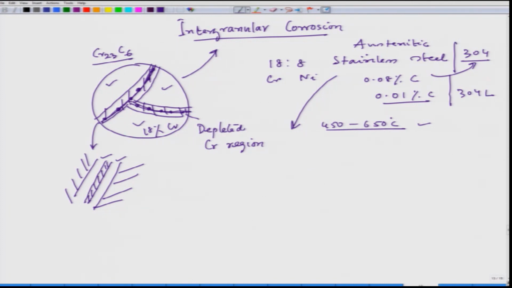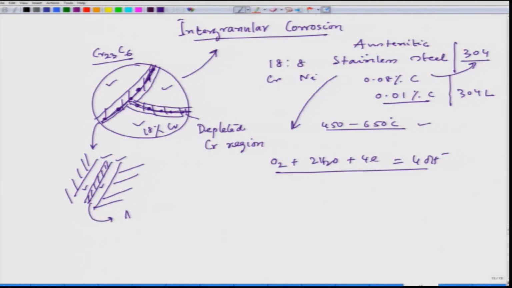So, we have a huge area where cathodic reactions are taking place, and if it is dipped in neutral NaCl solution, the cathodic reaction would be O2 plus 2H2O plus 4e equals 4OH minus. This cathodic reaction happens on the huge chromium oxide covered regions, and this small region would act as anode.